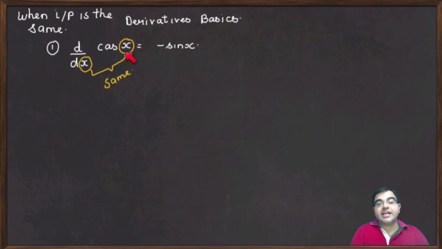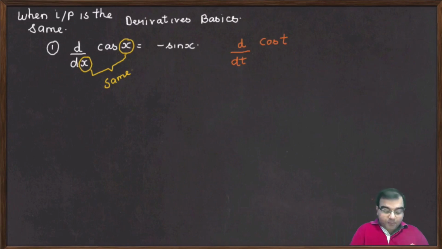If the input is t, you will say d by dt of cos of t is equal to minus sine of t. So your input needs to be the same. That's the first formula for derivatives. So remember, derivative of cos of input is equal to minus sine of input.